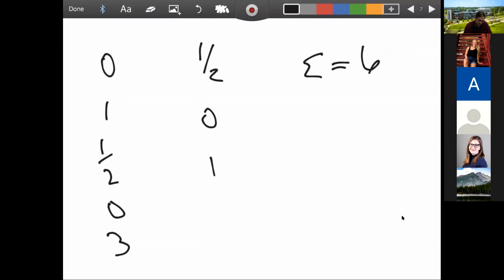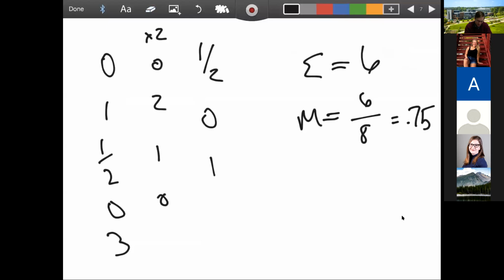There are 1, 2, 3, 4, 5, 6, 7, 8 scores. And so the mean for this would be 6 divided by 8, or 0.75. Say if you multiply each of these by 2, what does that average become? When you multiply by 2, I get 0, 2, 1, 0, 6, 2, 1, 0, 2. So now add all of them up: 2, 3, 9, 10, 12.